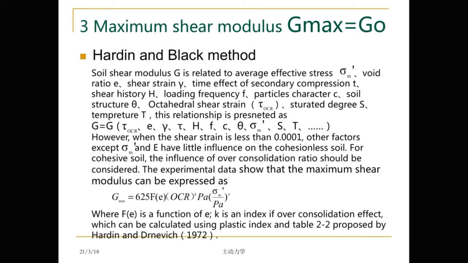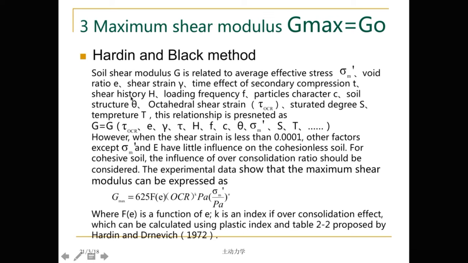This deformation in soil is defined as secondary compression. And this secondary compression will cause the soil to tend to harden. Then the time will affect the stiffness of the soil.